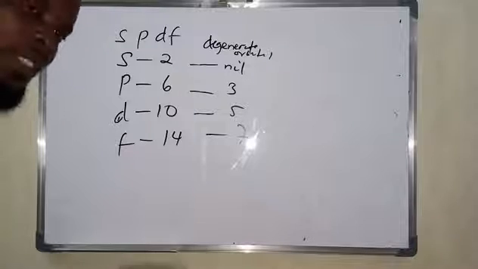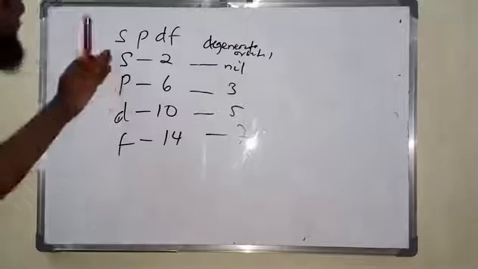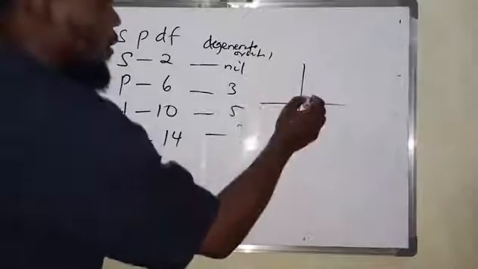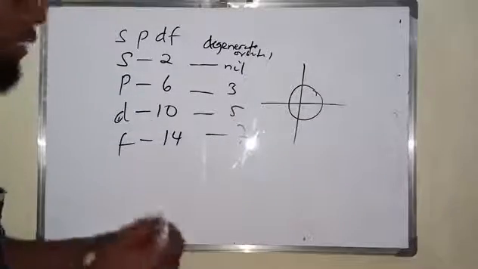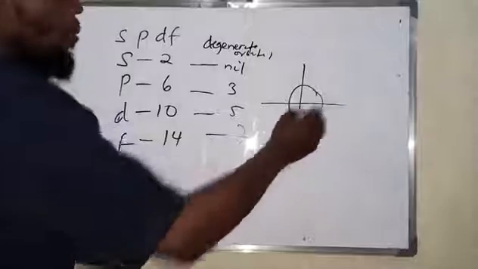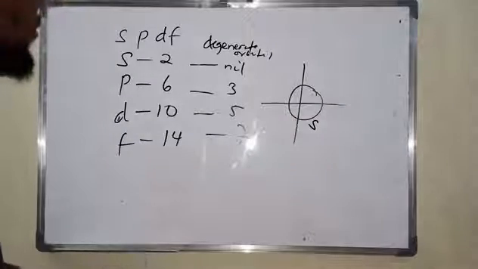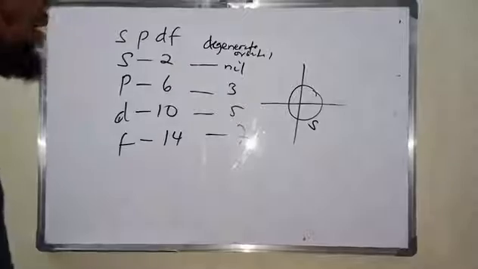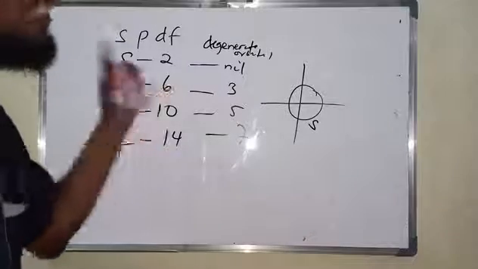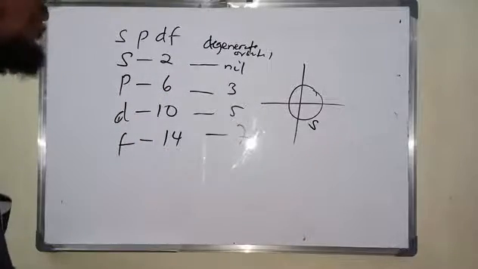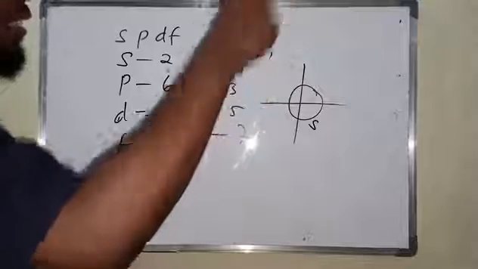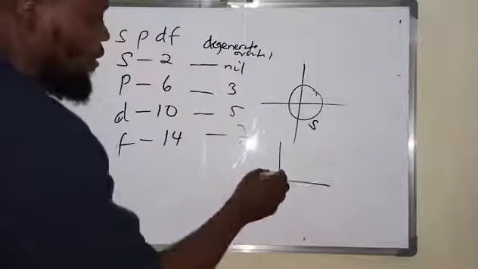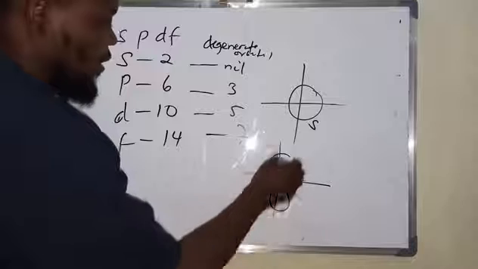Like I said, the shape of an s orbital is a spherical shape. A p orbital is a spiral shape. Like I said, we have three of them, three orbitals. One is oriented in the x-axis.